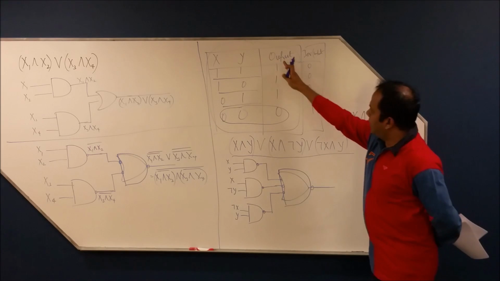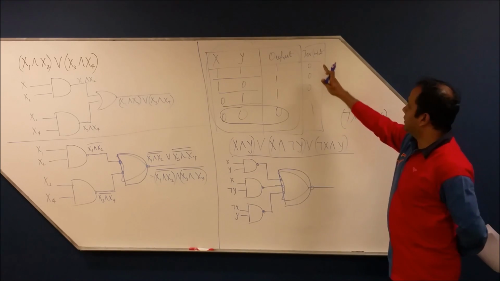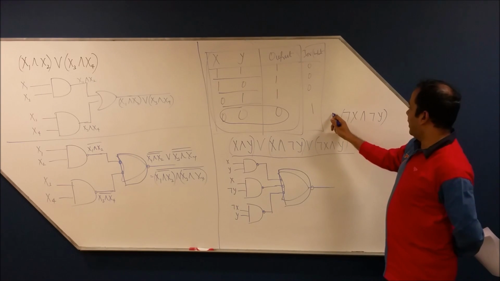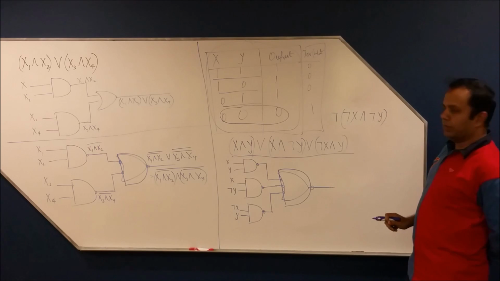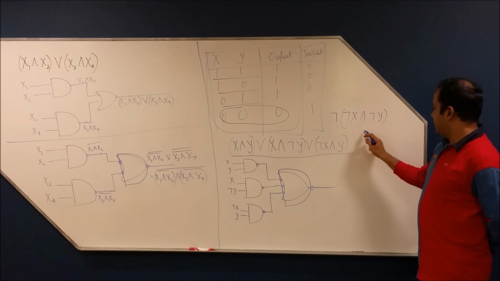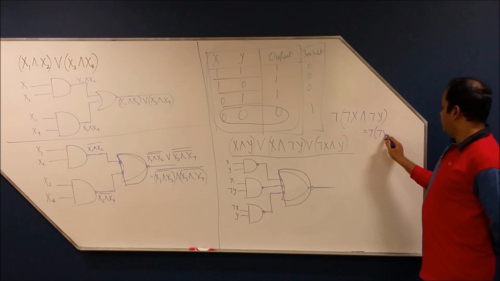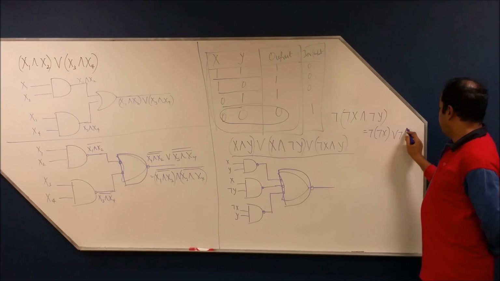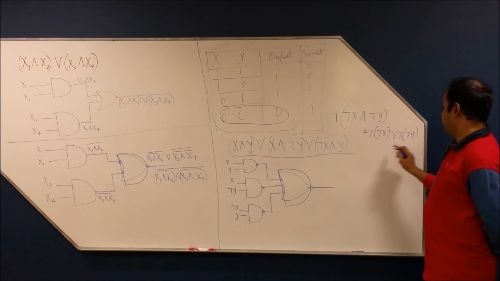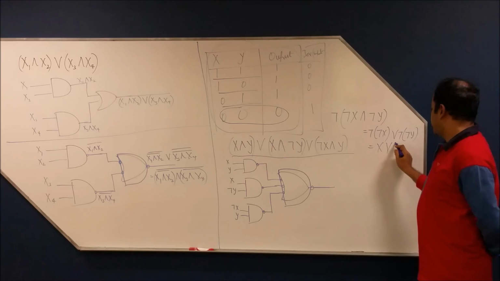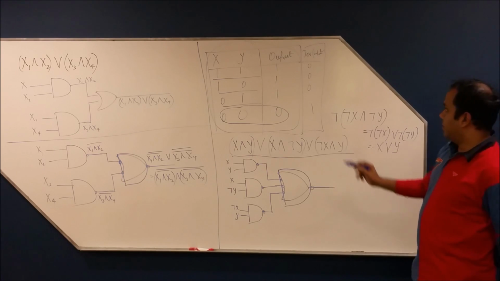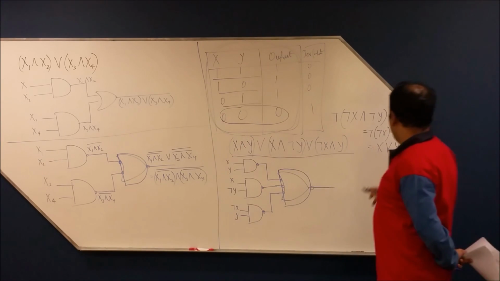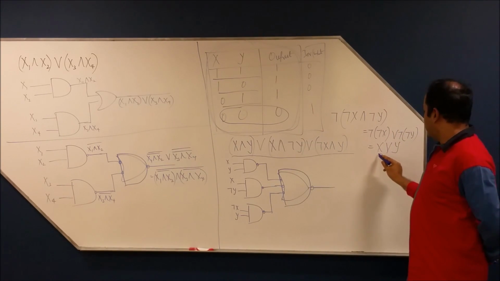But to realize this row, all we need is the inversion of this row, which in other words means we need this to be inverted, which is the same as the inversion of the inversion of x or the inversion of y, which is nothing but x or y. This means this part of the truth table can be realized using this expression alone.